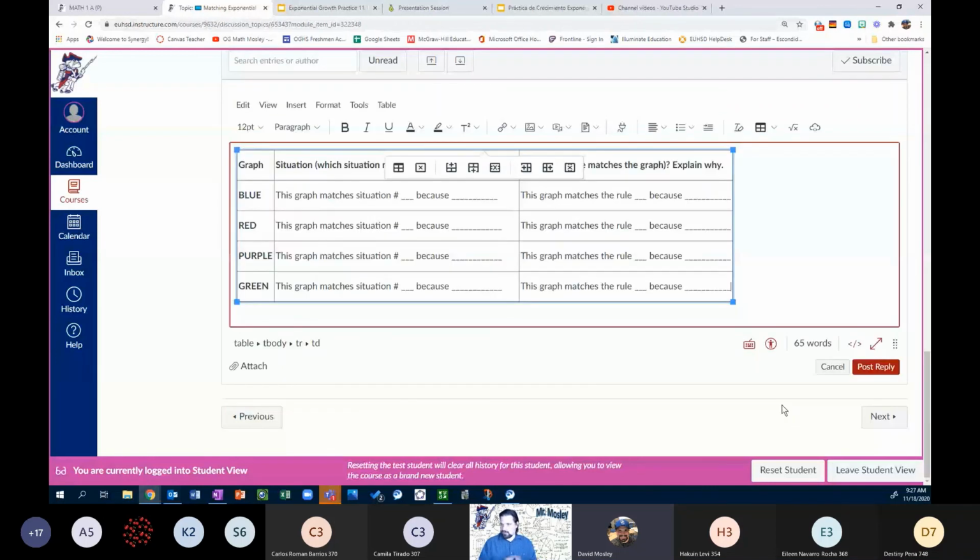It duplicates the table for you. And so then all you have to do is delete the little blank lines and type in your response. All right, once you've completed the table, you'll just hit post reply and you'll be done. Okay?